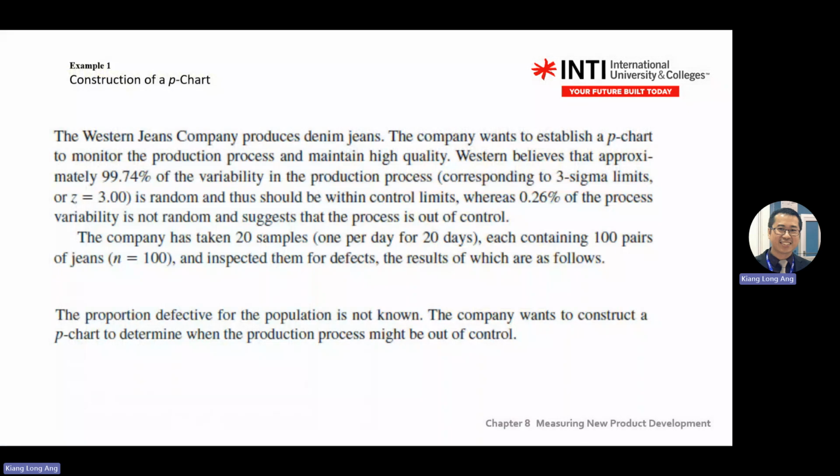Let's say example 1, a company wants to do this. You look at the question and you know already: 99.74% is 3 sigma left, 3 sigma right. So if the question says 99.7 something, your Z is 3. If it says 65, meaning about 68%, Z is 1. And 95% is 2.